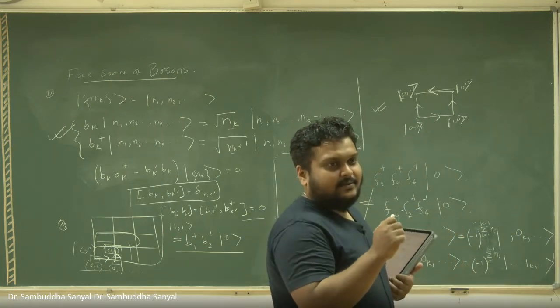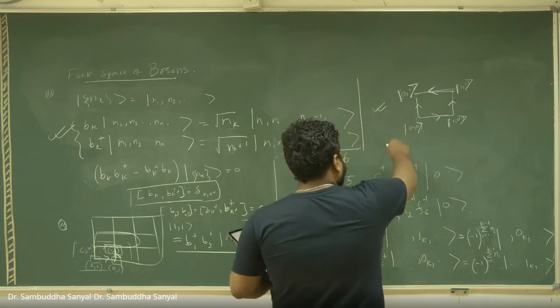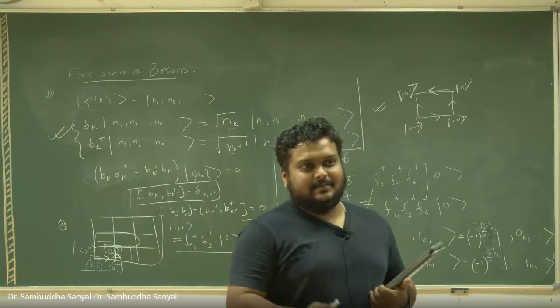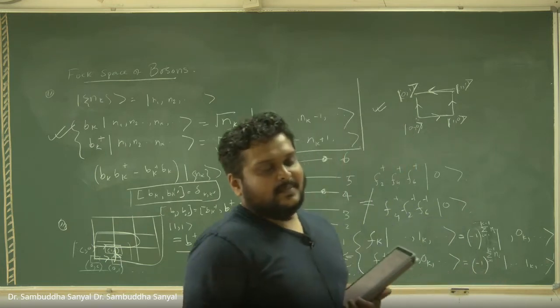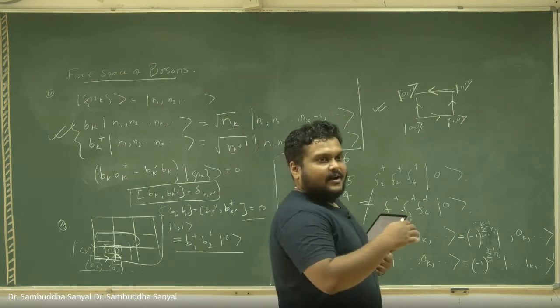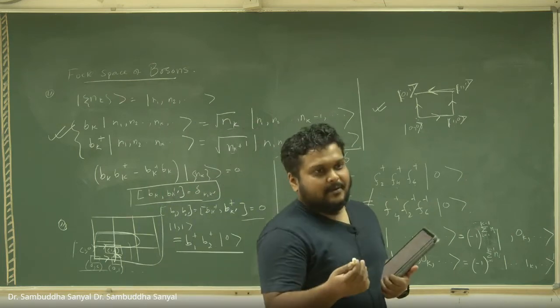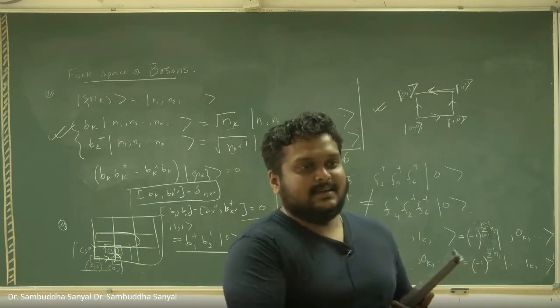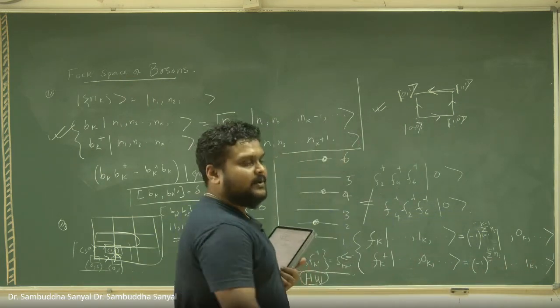That is why take it with a bit of caution. This picture is certainly correct, but whether you can extend this picture trivially to a higher dimension, that needs a bit of thinking. And actually, one of you can take it up as a term paper project, how to formulate the fermion problem and boson problem in Fock space as a lattice grid hopping problem. Okay, it's a geometric problem.